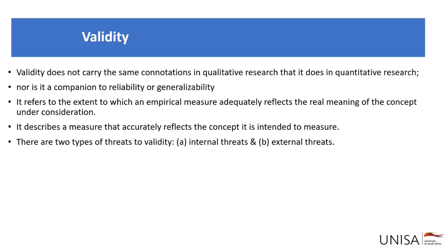So validity is really just saying, this is what I'm going to do, and you come back, you've done that which you said you're going to do. Okay, thanks. And if you do that repeatedly and you get the same results, you are reaching what? Reliability.